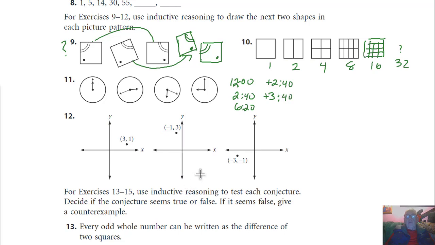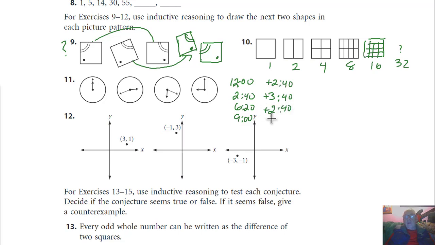So we're adding 3:40 to 2:40, and we get 6:20. Then we're going to 9 o'clock. If we go 6:20, 7:20, 8:20, and another 40 makes 9 o'clock. So to 6:20, we're adding another 2 hours and 40 minutes.